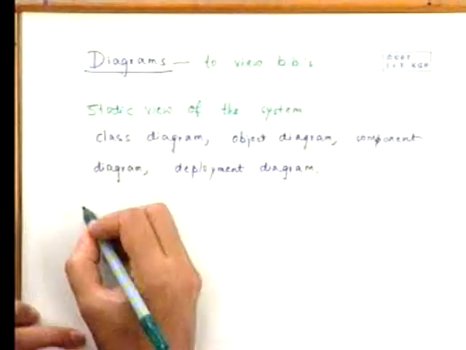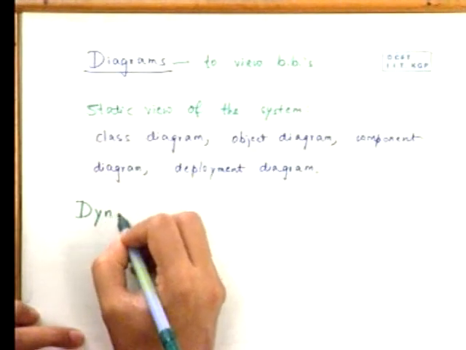And there are several types of diagrams that provide a dynamic view of the system.